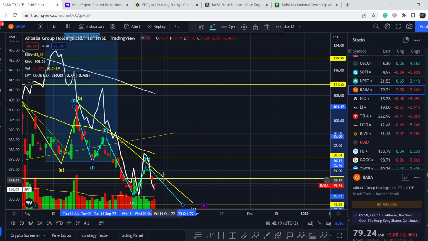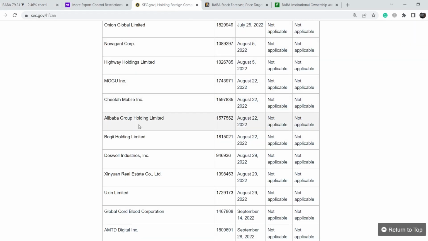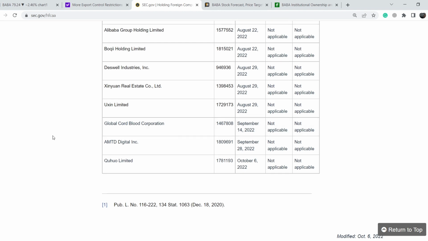And let me show you right here that we have new companies that were added to the list of PCAOB, of HFCAA basically, and it is the list of the companies that might be delisted from US stock exchanges. And the latest company that was added right here was Moomoo Limited, and it was added on October the 6th.